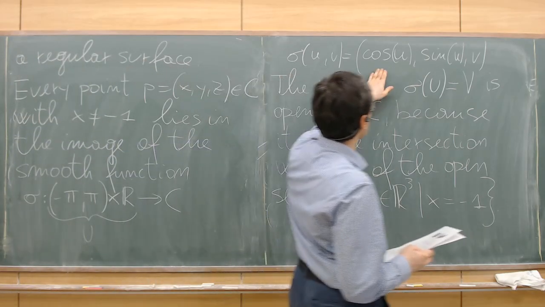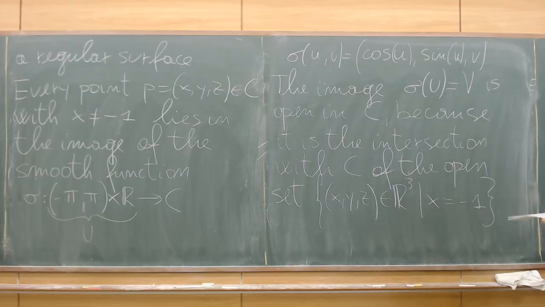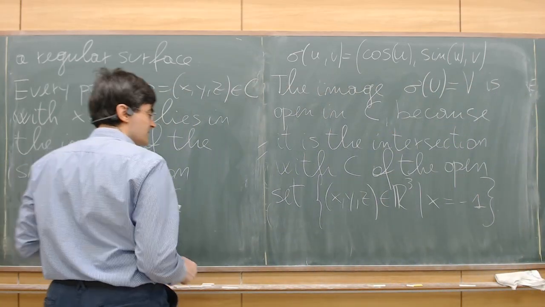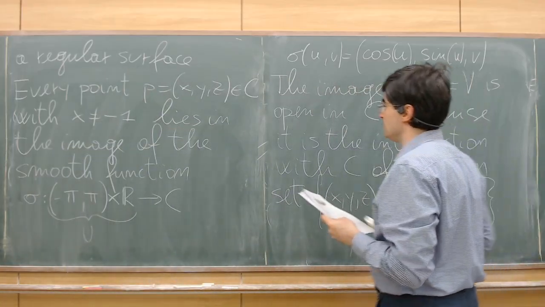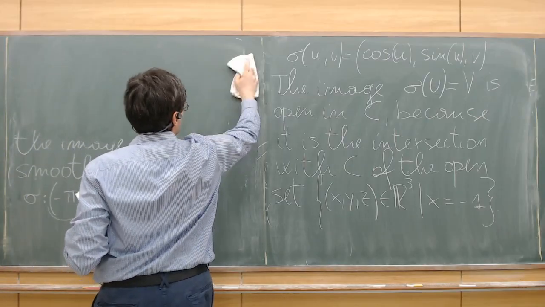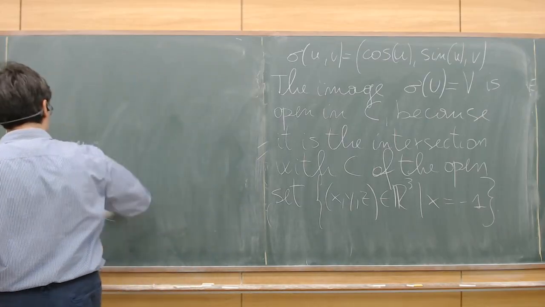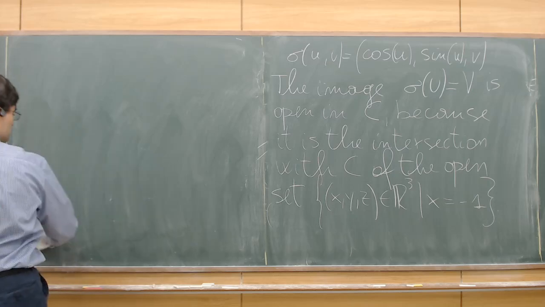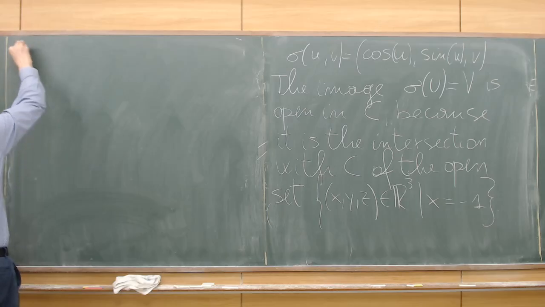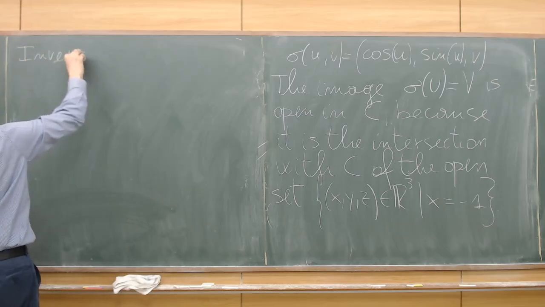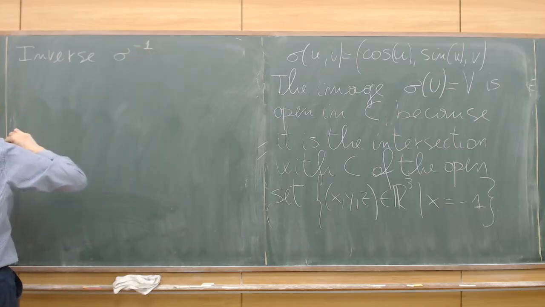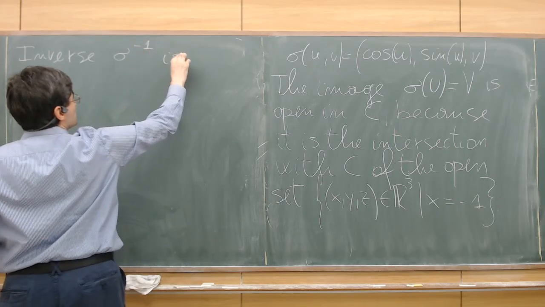This map is injective, and what is its inverse? So the inverse will be denoted by sigma inverse, and we will show that it is smooth.